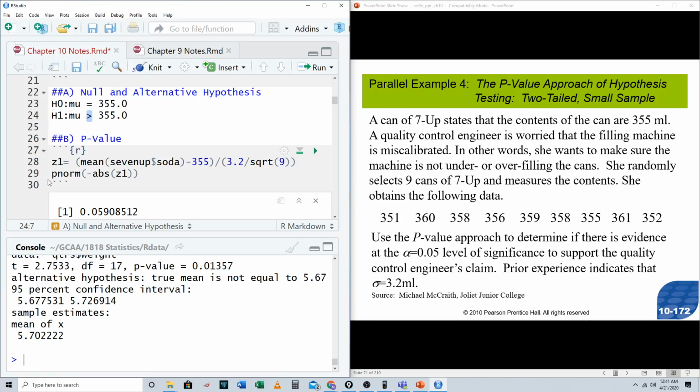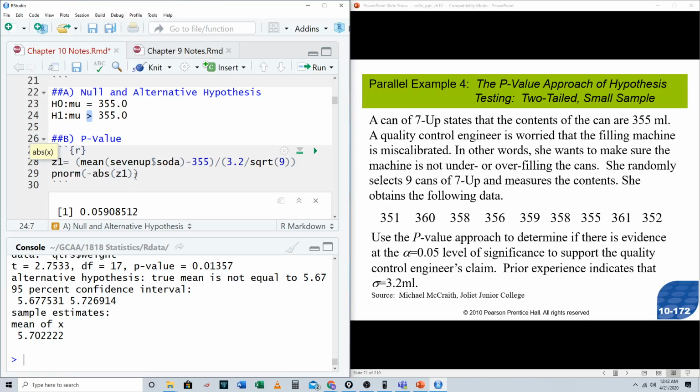Now here's a big plus. Here's what you're going to want to do every time for the Z distribution. You're going to find the probability using pnorm of negative absolute value. The idea is you always want your z-score to be negative. This means we don't have to worry about right tail test or left tail test, because no matter what, it is forcing it into a left tail test.